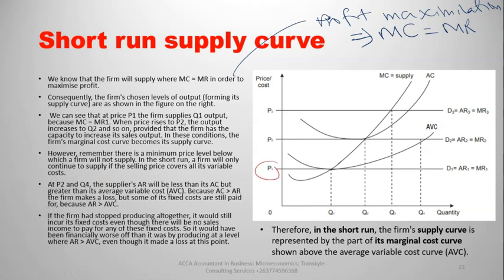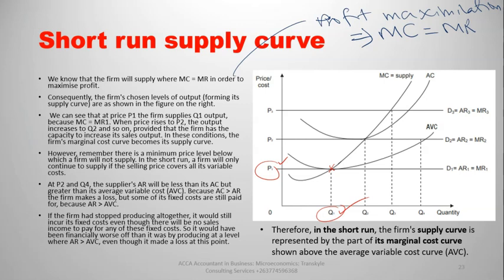This is price P1. Okay, so at price P1, the firm supplies quantity Q1. So this is what we are talking about. All right, so at this price, the firm is supplying this quantity.